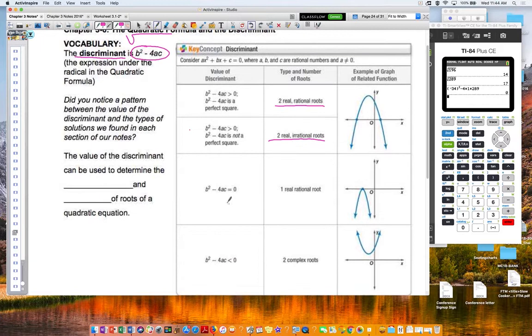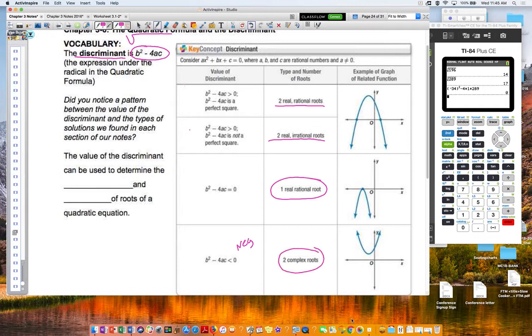When it equaled 0, when you took the square root of 0, it canceled out. That's where we were getting 1 real root. And when it's less than 0, it's negative, and the square root of a negative number gives you your complex roots.